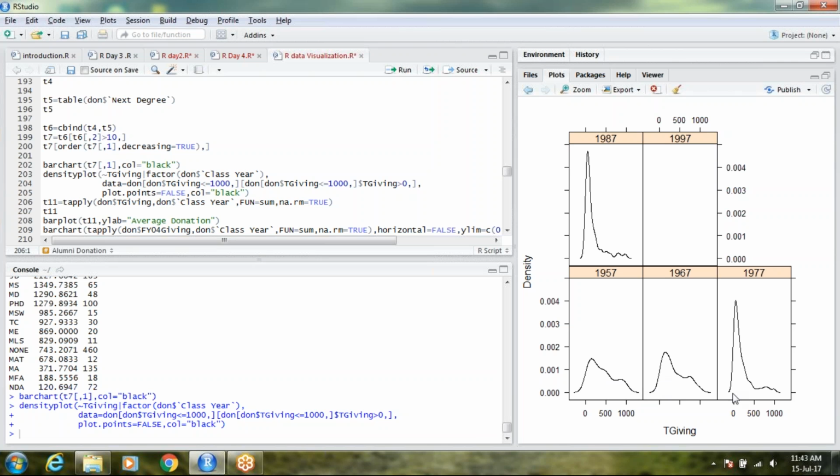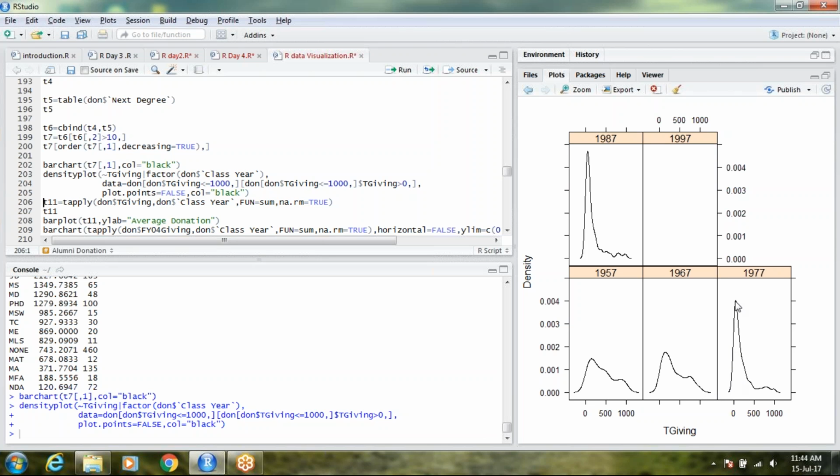Here the density is quite high, or there is a spike. But overall, the strength towards the more donation, or 500 or something like that, is more here. Then there is a spike near 0, but then it goes on like this.